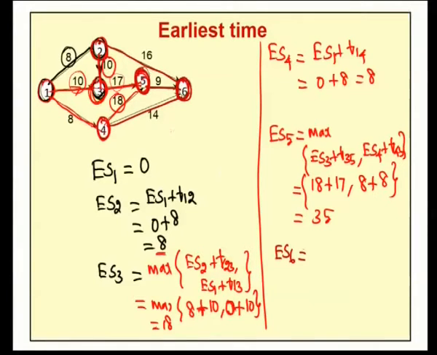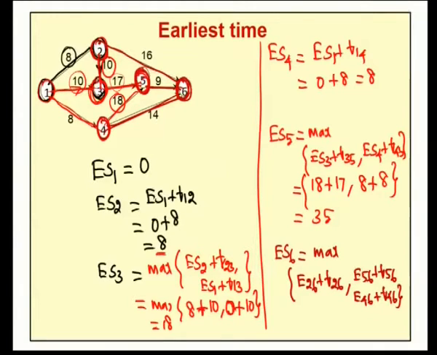For computing ES6, we have to take the maximum value of: for the incoming activity 2 to 6, ES2 plus T26; for 5 to 6, ES5 plus T56; and for 4 to 6, ES4 plus T46.